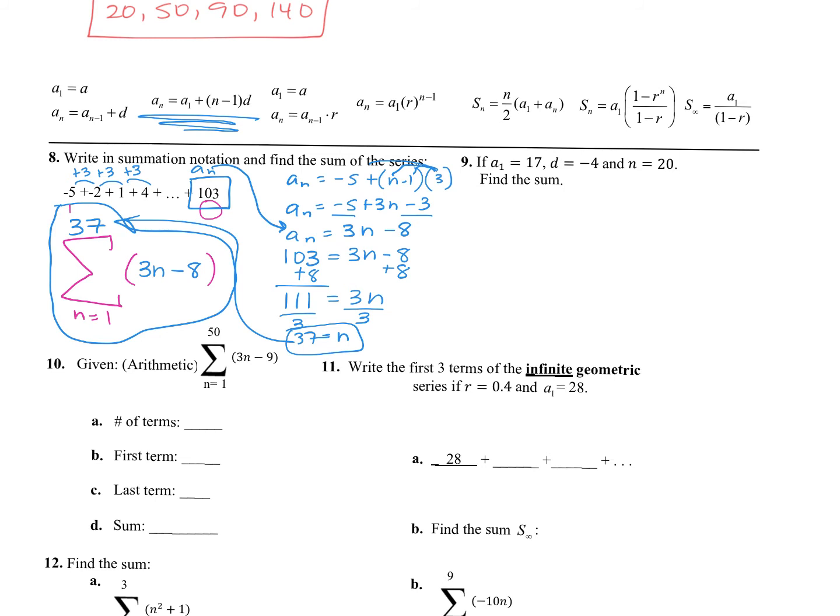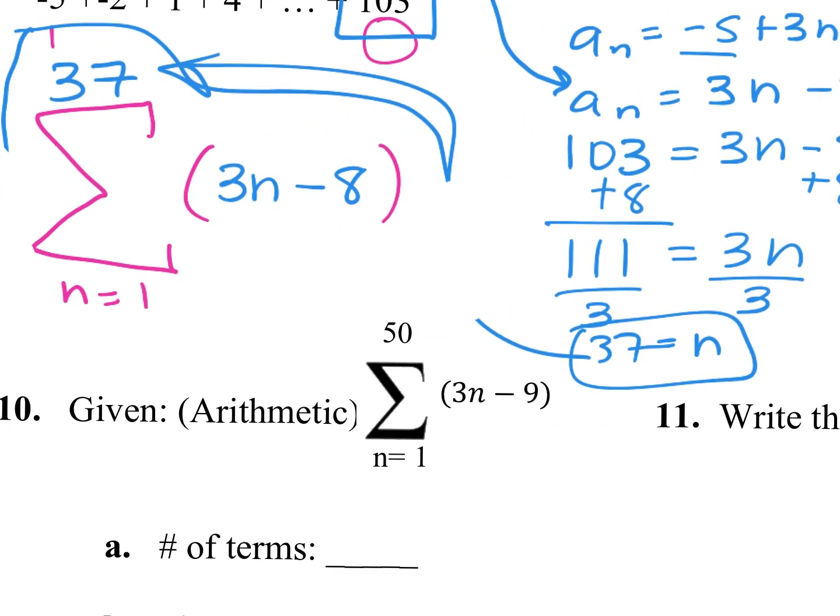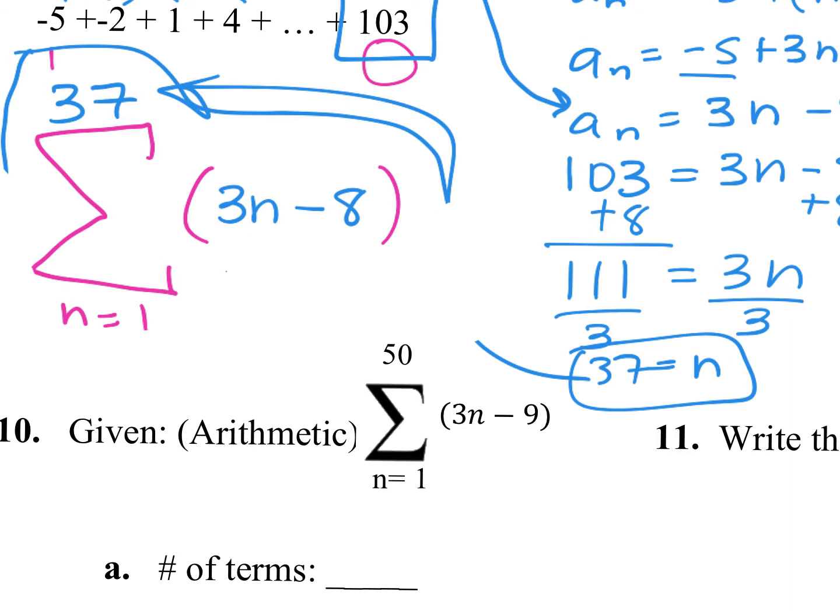And then from there, actually that's all we had to do. No, we didn't. Find the sum. They want you to find the sum. So to find the sum, let me erase some of my lines here so I can fit the sum in here. To find the sum, you're going to do that sum formula again.